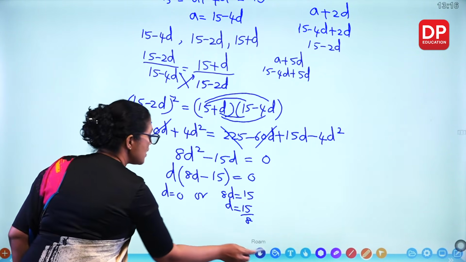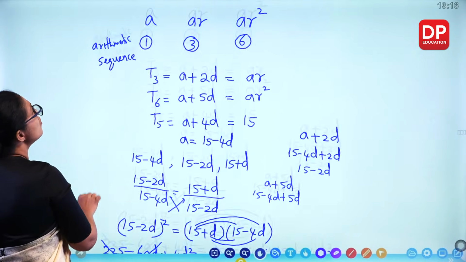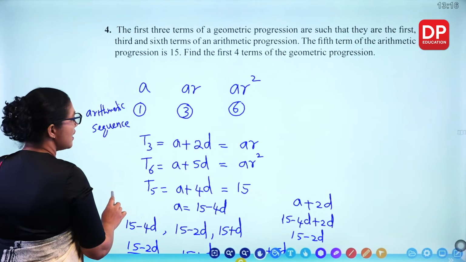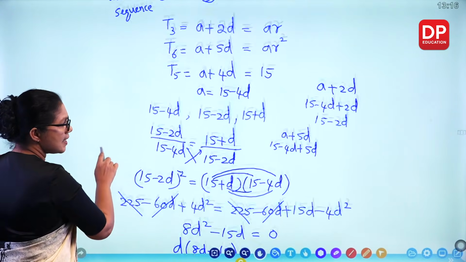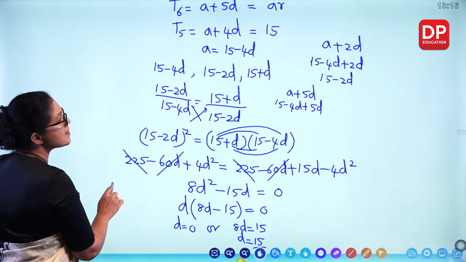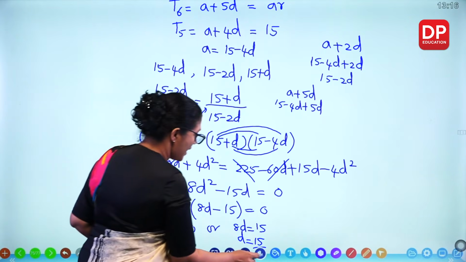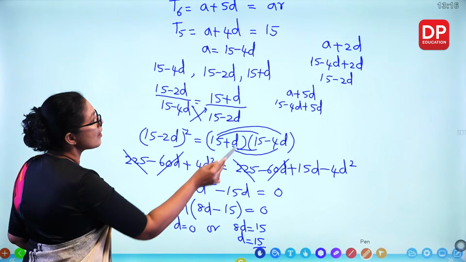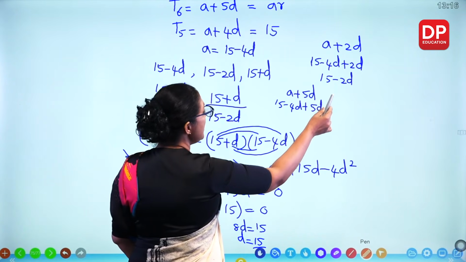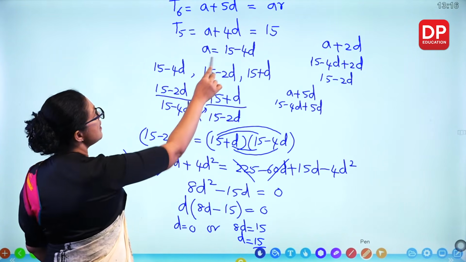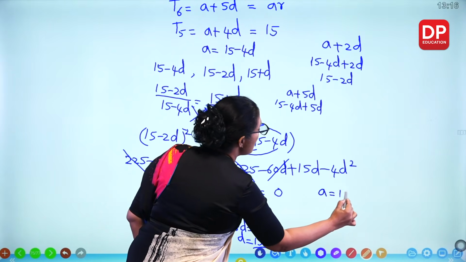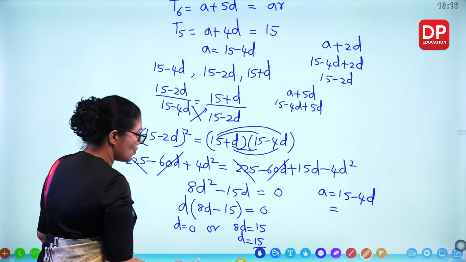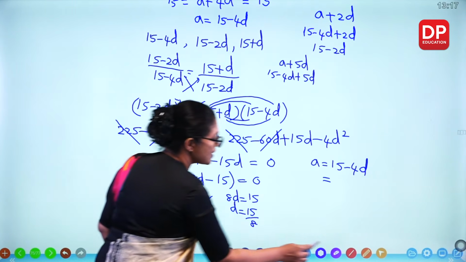So what was the question? The question is to find the first 4 terms of the geometric progression. Now what's the first term? A. You can substitute d into this formula. What is A? 15 minus 4d, and find the A value. So d equals 15 over 8.